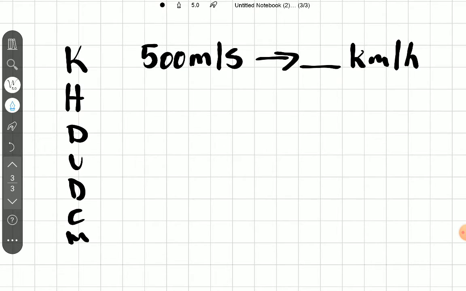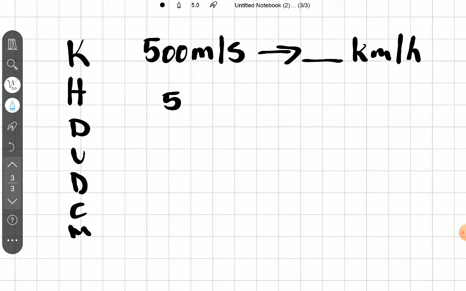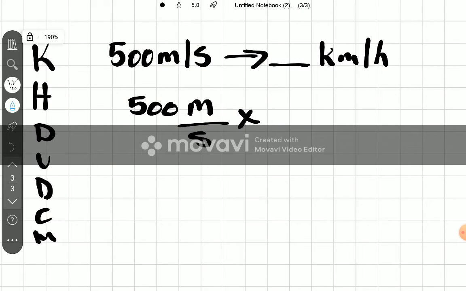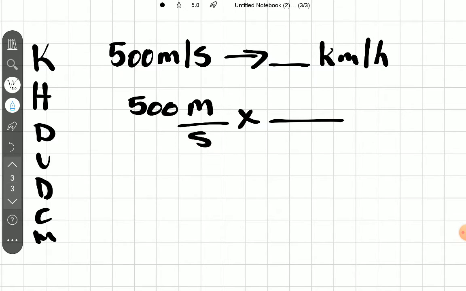Okay, so let's write this out. So 500, and again we're going to multiply, and basically what we want to do is get rid of meters and get rid of seconds. So when we want to get rid of meters, we have meters on the bottom, and the one that's replacing it is kilometers. So we write that on the top.